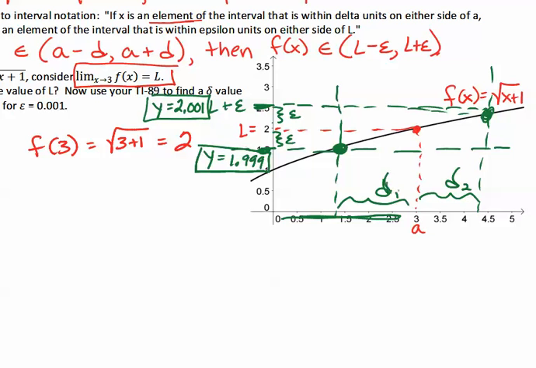And if they turn out to be different, then of course we would choose the smaller of those two delta values. So what we need to do on our calculator, so you've got this graph as our y1 function, and we're going to have this horizontal line as y2 and this horizontal line as y3. And then you have to go through your steps.